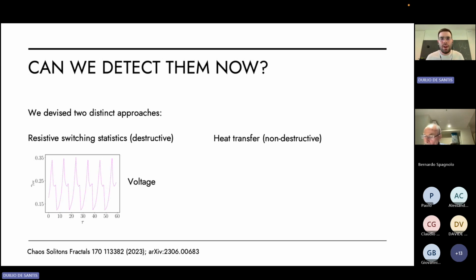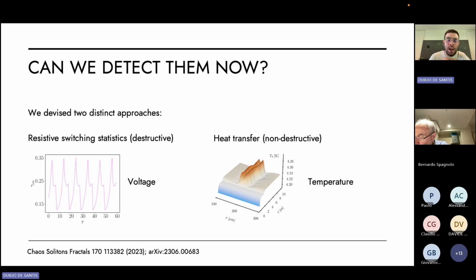Also, we devised a second approach, which takes advantage of the fact that in thermally biased junctions, so junctions in which the electrodes are subjected to some kind of thermal imbalance, having a breather in the system can lead to local heating. So in this case, the signature would be a temperature signature, which is very different from the first one.